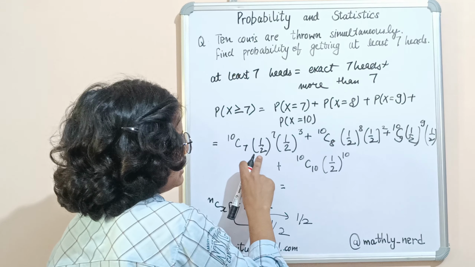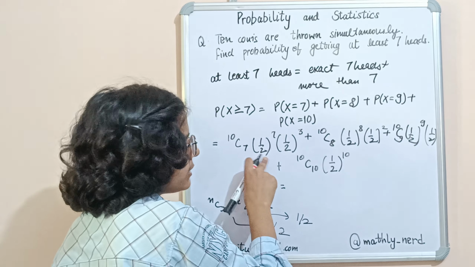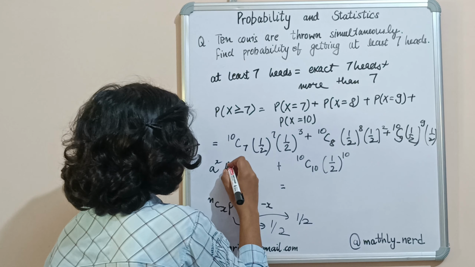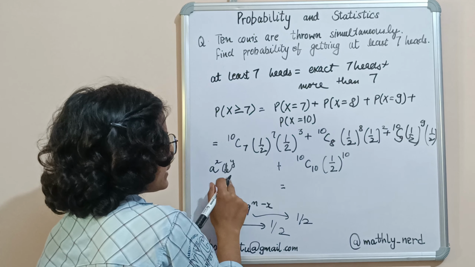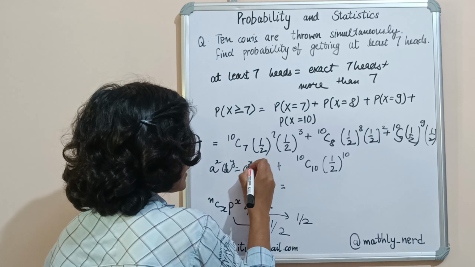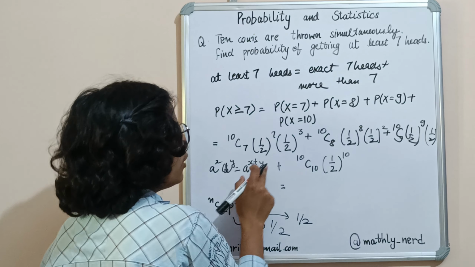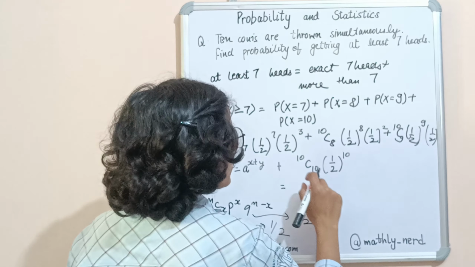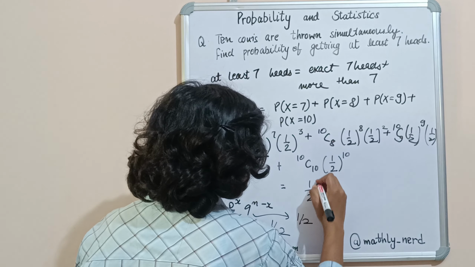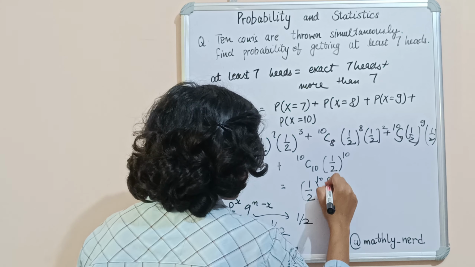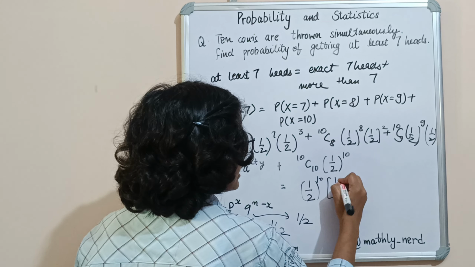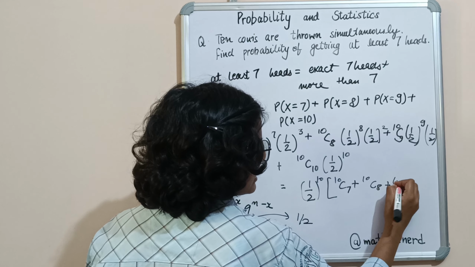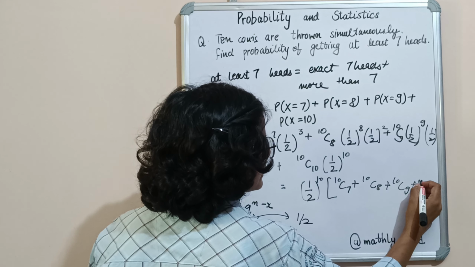Now, as you can see, if we multiply a to the power x and a to the power y, we know that this equals a to the power x plus y. So we can take (1 by 2) to the power 10 common from all of these. Then remaining will be 10C7, 10C8, 10C9 plus 10C10.